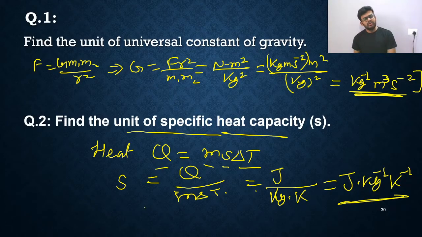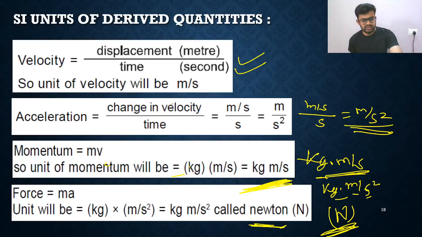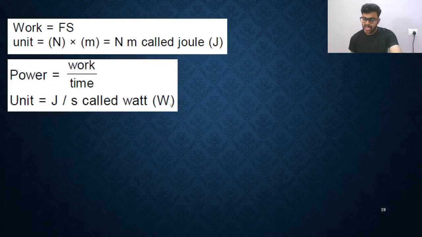If someone asks you to find it in fundamental units, what will you do? Joule is kg meter square per second square. You need to remember this. What are the things you need to remember? The unit of force, Newton, and the unit of work. These are the formulas you need to remember.